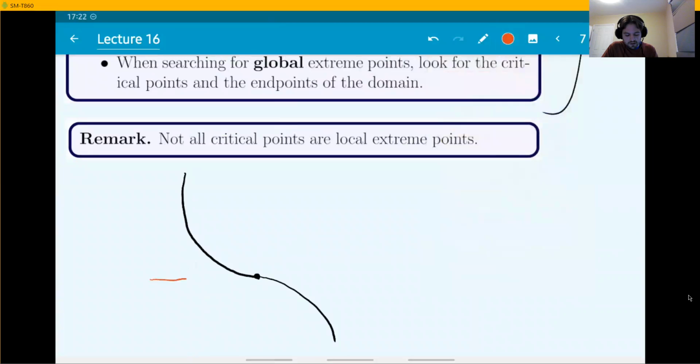So imagine something like this with a horizontal tangent line at that point. Even though this point is a critical point because the derivative is 0, it is not actually a local extreme point. This is not a peak or a valley on the graph. The graph just kept decreasing around this point. So that can happen. Not all critical points are local extremes.